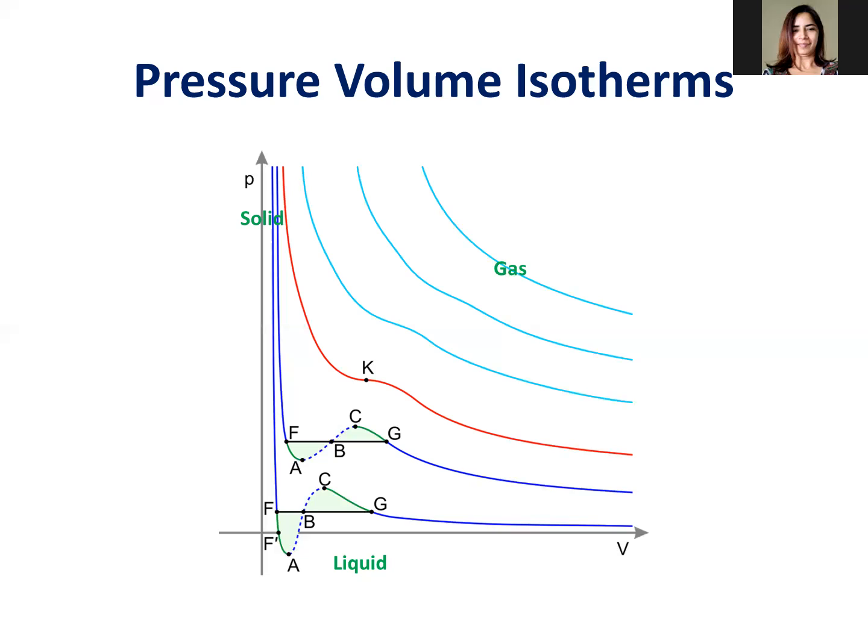Consider one more isotherm, that is the red curve: gaseous state, no liquefaction, again the gaseous state. This is the region in which the compound exists in the gaseous state.